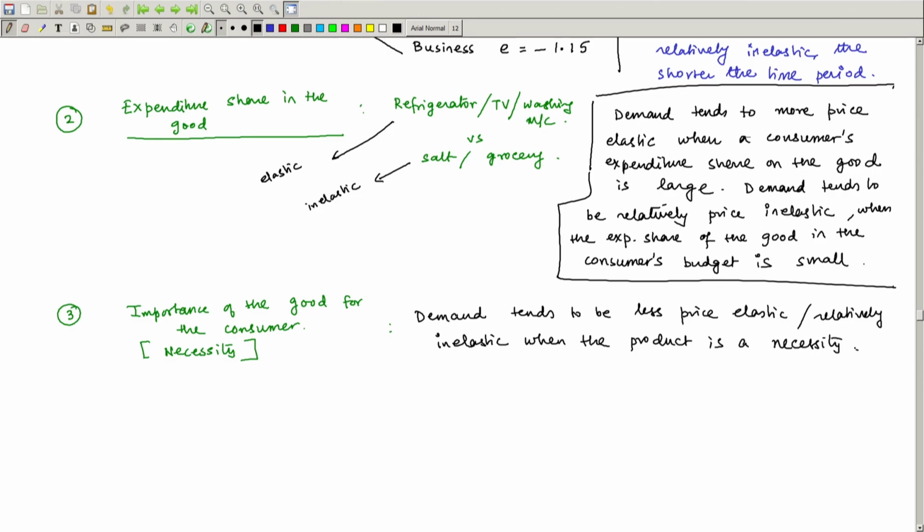Think of insulin for a diabetes patient. This is a necessary good. Even if the price were to increase, the quantity demanded would not decrease, I would still need to use it. Imagine household grocery items, for example milk.